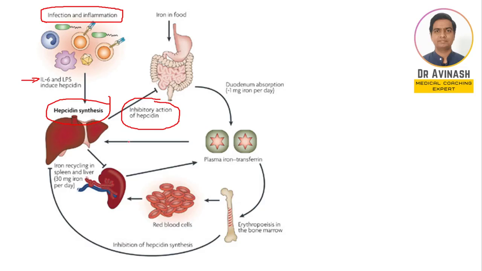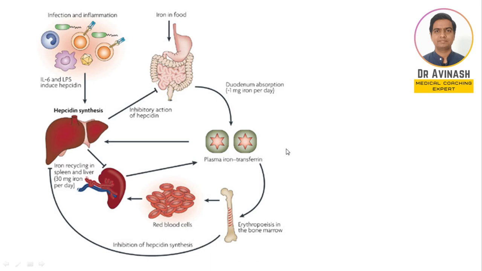And you know what hepcidin does? Stops the absorption of iron, which means any person who has chronic infections or chronic inflammation will have hepcidin synthesis, will have difficulty in absorbing iron, and as a result, such people will end up with the anemia of infectious disease. Very easy to understand?